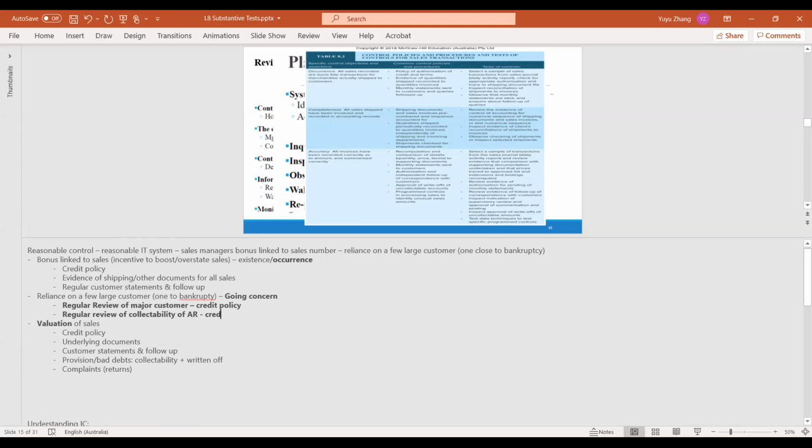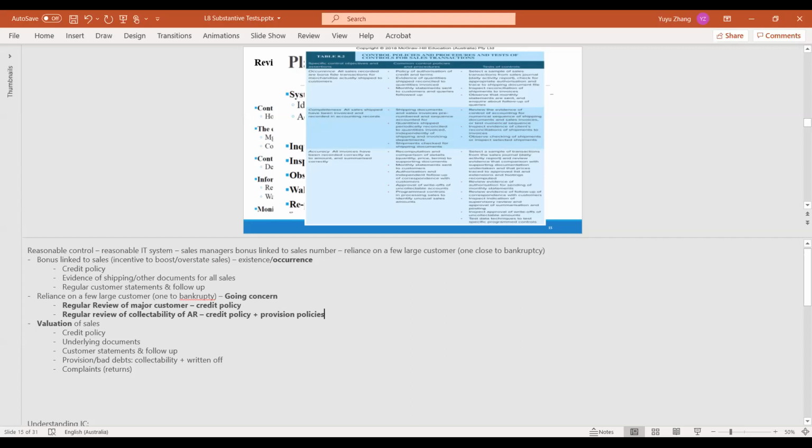So still credit policy, and also the provision policies, right? So here we have summarized the important controls.